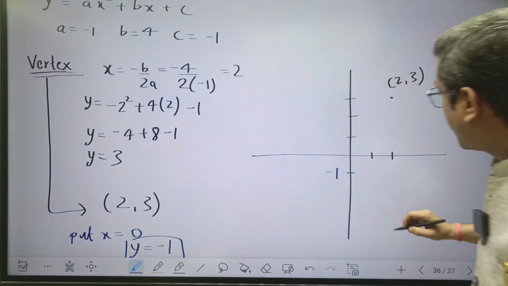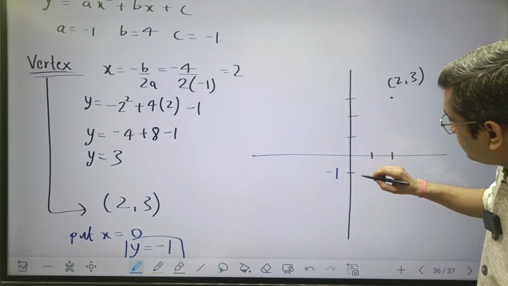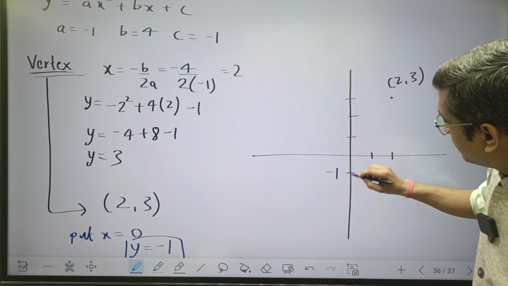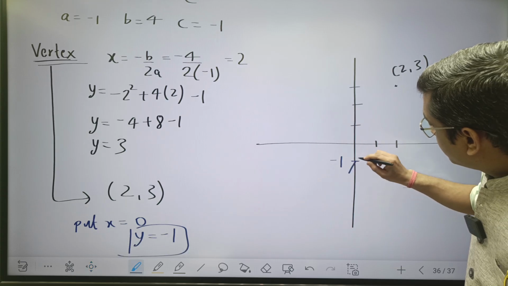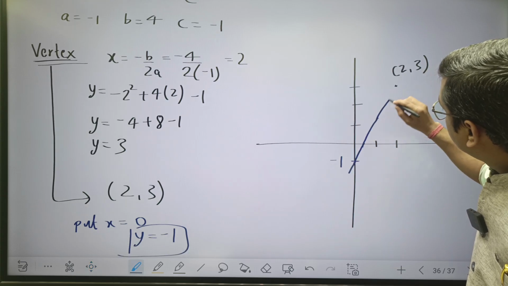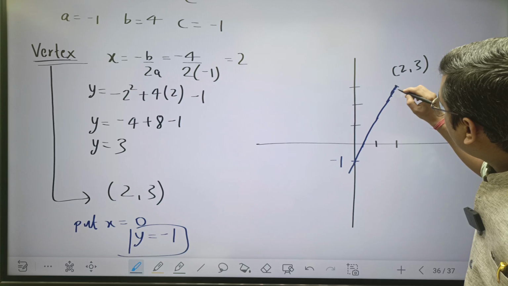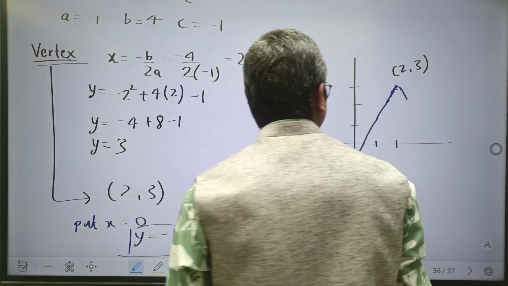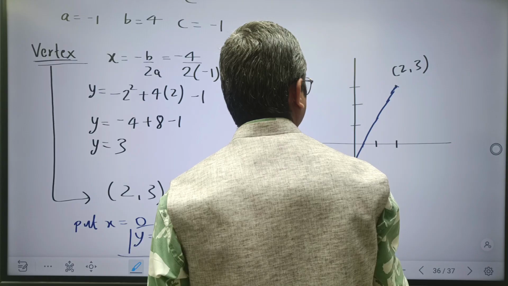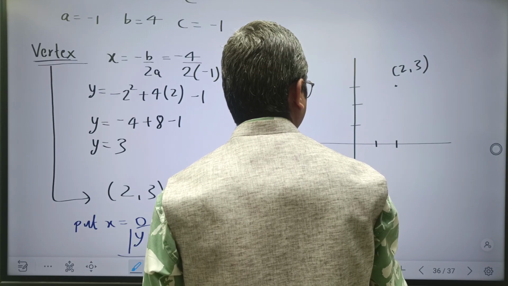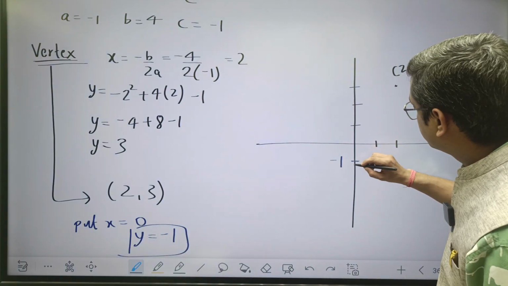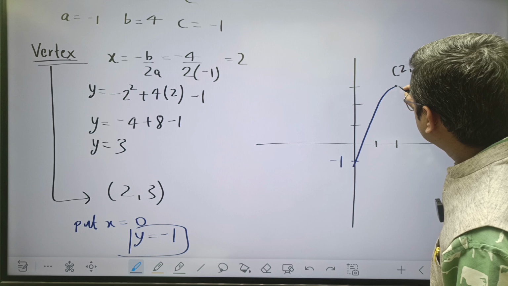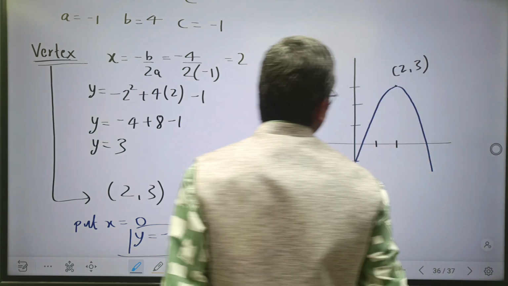So the graph or parabola would be like, it passes through here, this is the vertex, and from here it will take a turn like this one, isn't it?